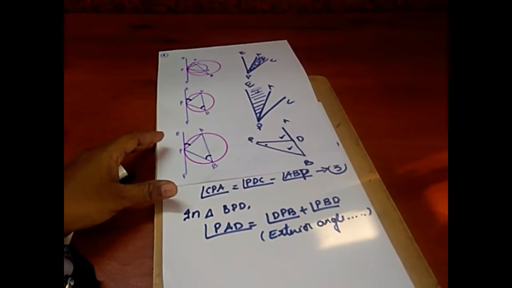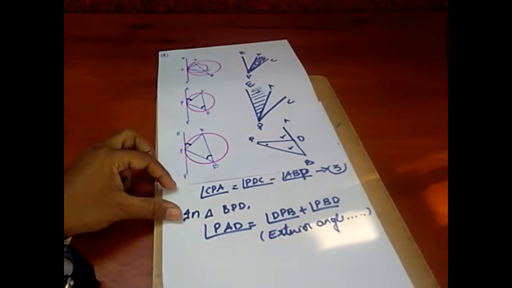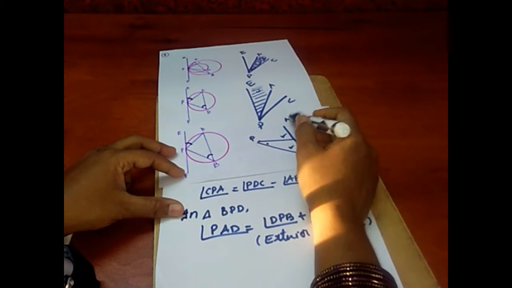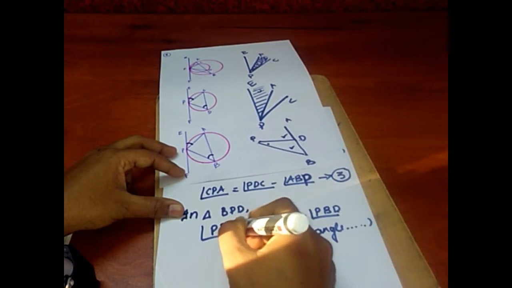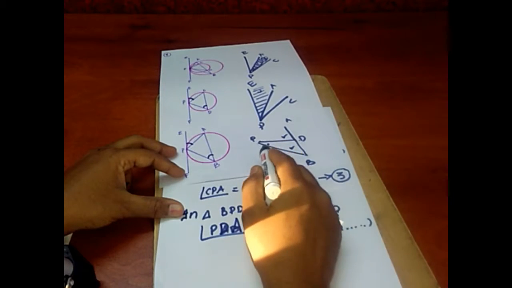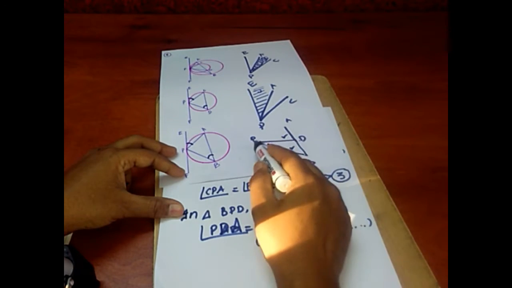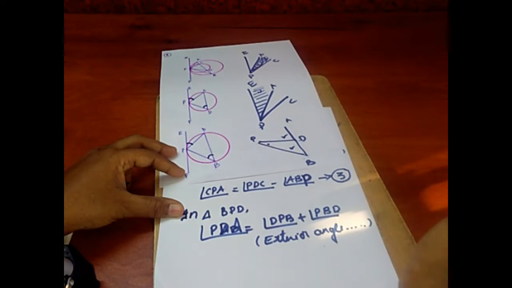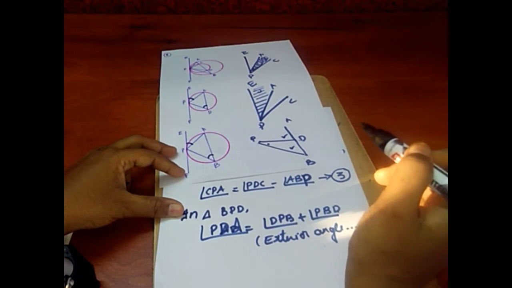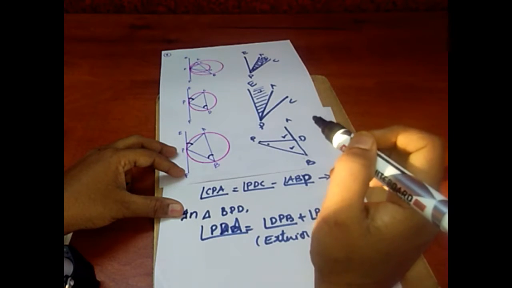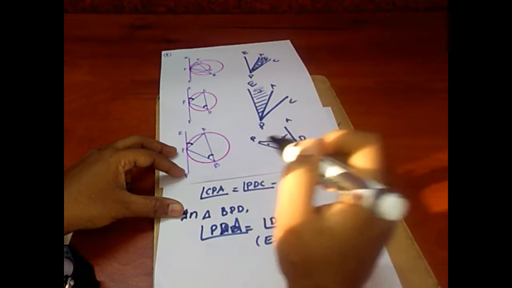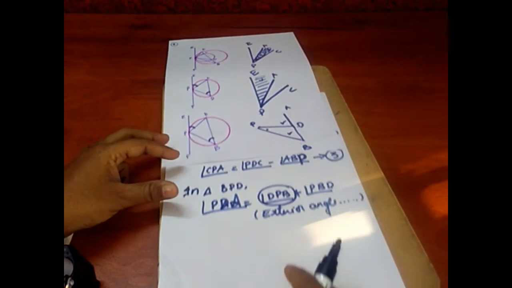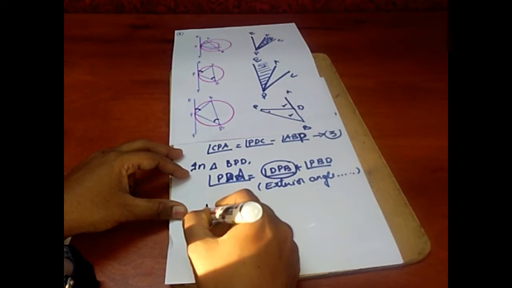So angle PDA is equal to the remaining two angles, one is angle DPB, the other one is angle PBD. Now I need my solution with angle DPB, so let us rewrite this result.